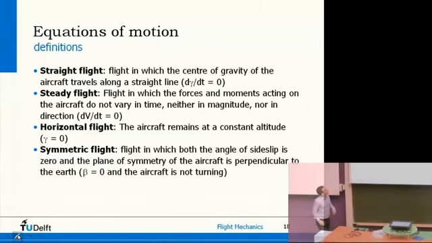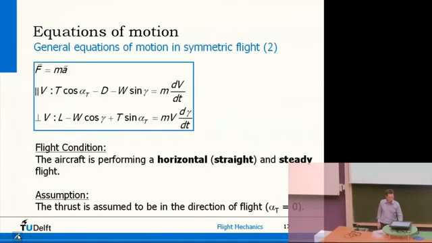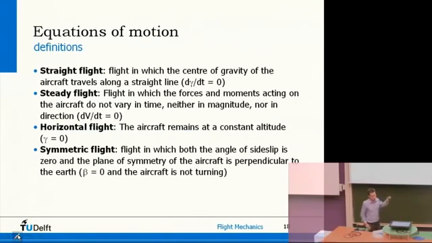If you look at horizontal flight, then of course that means you're staying at one altitude. So the flight path angle, if you look at the picture, the angle of the airspeed with the horizon, in horizontal flight is equal to 0.